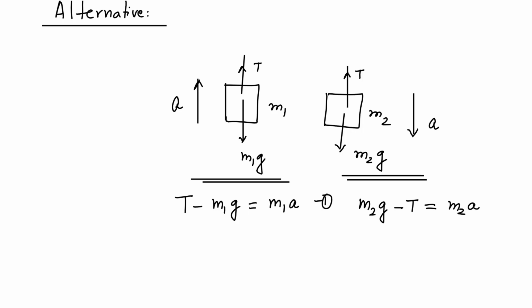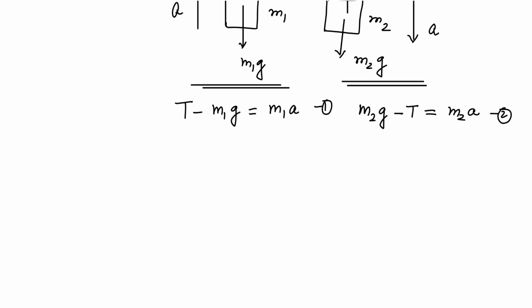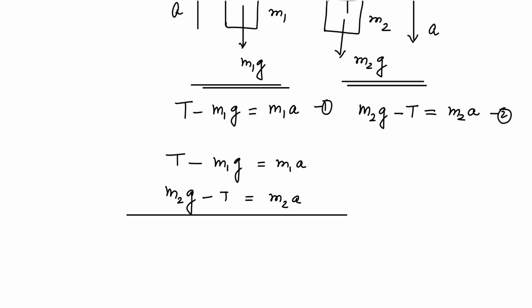So we have two equations and two unknowns. Now if you add these two equations, T minus m1g is equal to m1a, and the second equation is m2g minus T is equal to m2a, tension gets cancelled out.